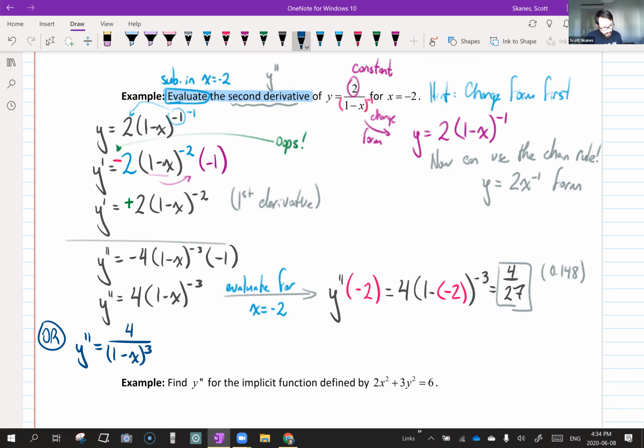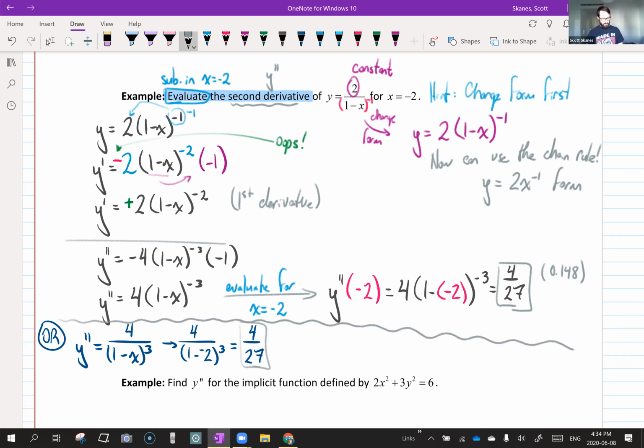You can still put in your x equals negative 2. You would see that you still get 4/27. So just as a side note, this is a little bit ugly, but hopefully I haven't made too much of a mess of it.